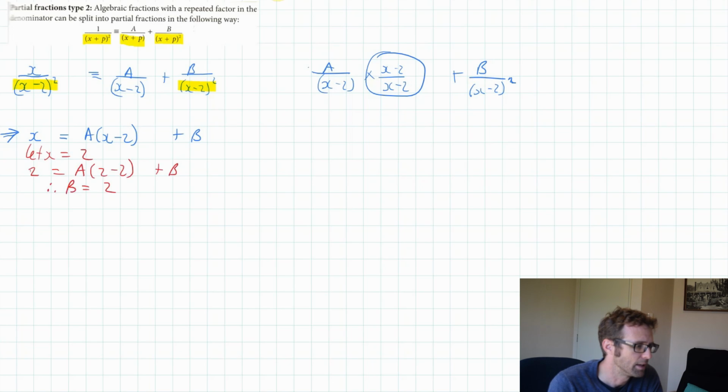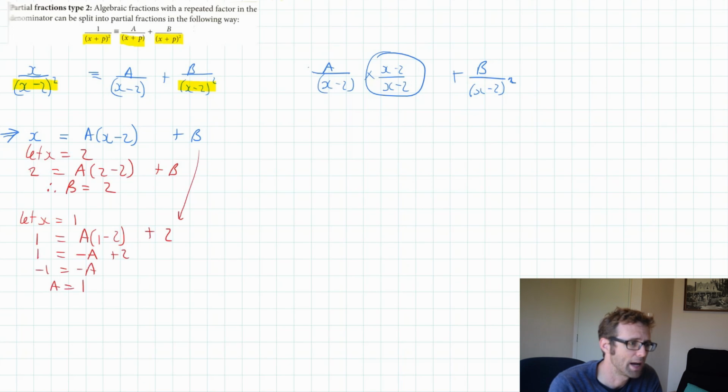And now, let's say let x equal 1, and we'll chuck that in. So 1 equals a into 1 minus 2, plus b, which we know is 2. So we've got 1 is equal to negative a plus 2, and negative 1 equals negative a, so a is equal to 1.